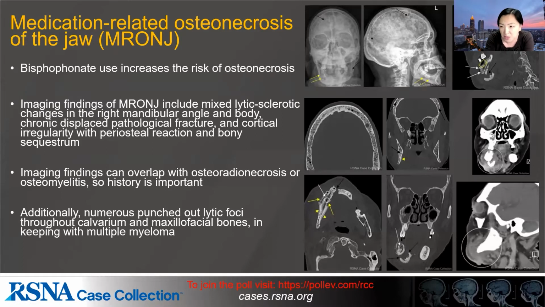And another piece of history that's helpful to keep in mind is that often the patient already has weakened bone structures, if you will, and this can be exacerbated by dental procedures, as in the case of this patient. Additionally, in this case, you do see these multiple punch-out lesions in the calvarium and throughout her bony structures, in keeping with her history of multiple myeloma.